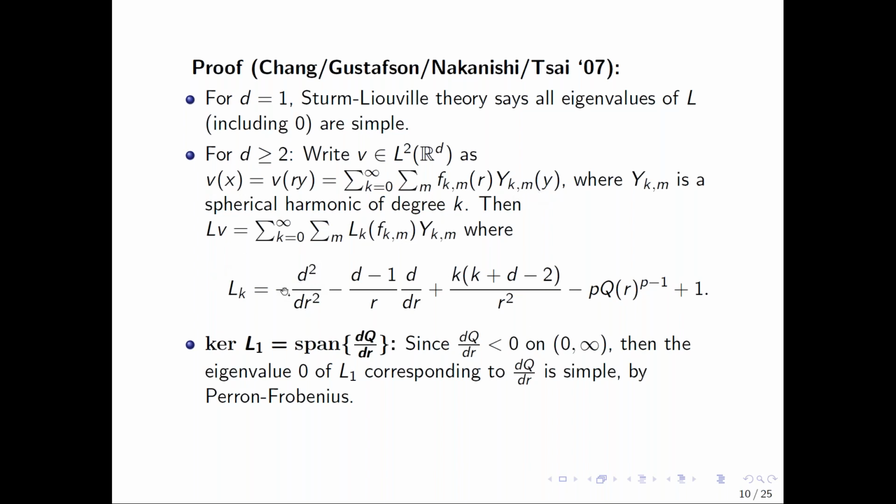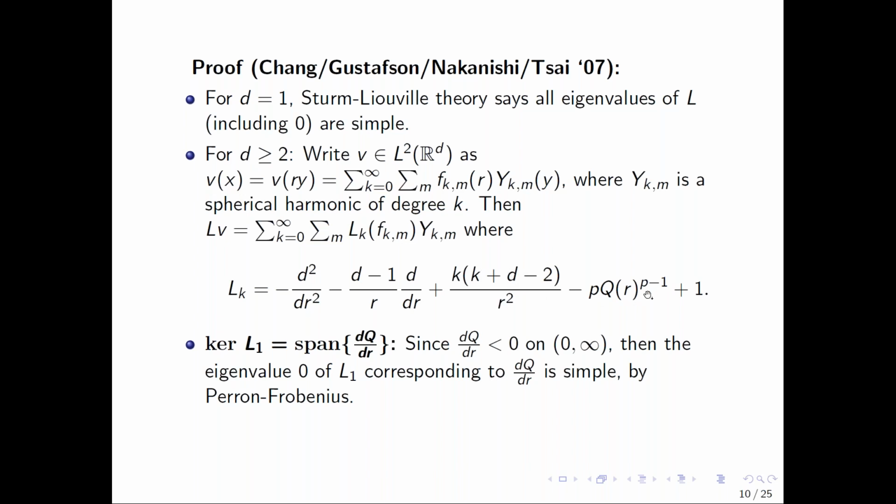This is just what you would get if you tried to write down the Laplacian in polar coordinates in Rd. So it's the Laplacian here in polar coordinates, d squared over dr squared minus d minus 1 over r times d/dr, plus this term, which is the angular momentum term, where the Laplacian is applied to spherical harmonics.